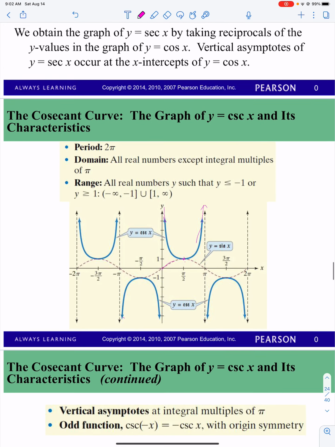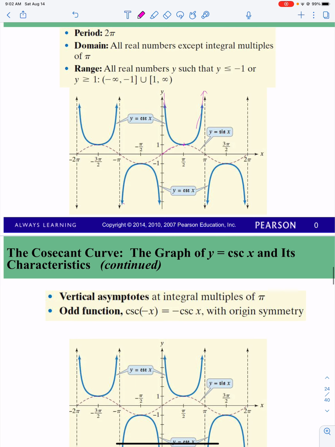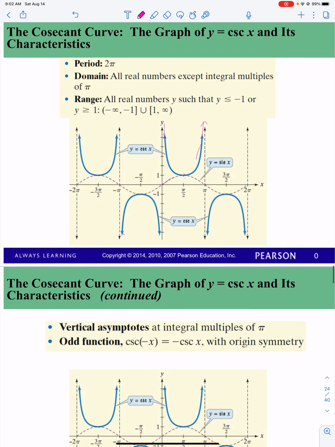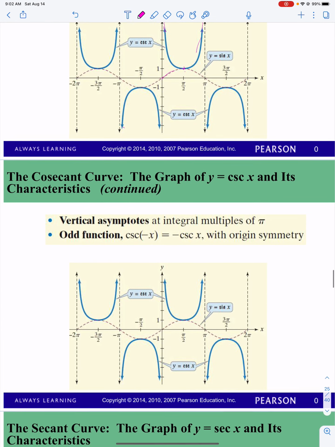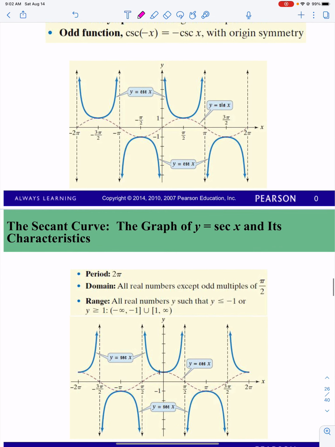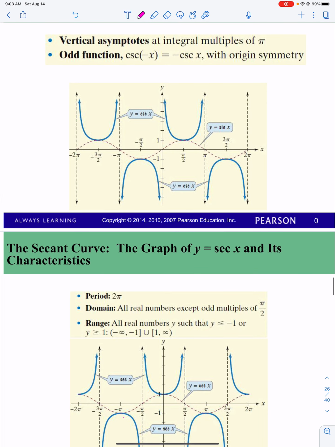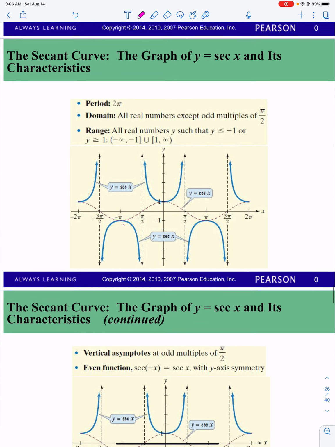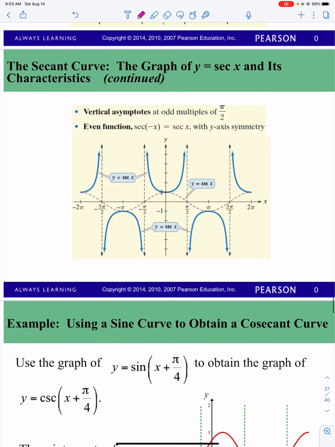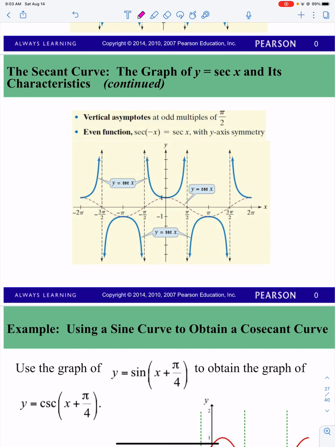Okay, and similarly secant will be the big U's on top of cosine x. Yeah, you can think about the vertical asymptotes and all these things. Okay, so this is cosecant and secant.